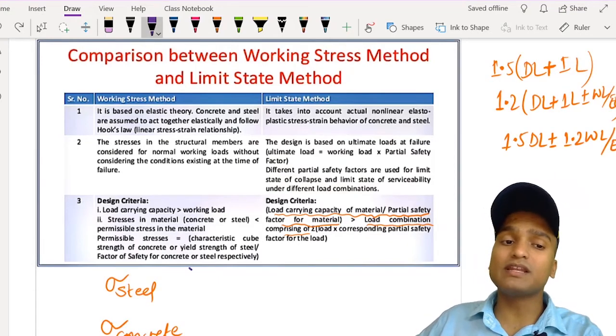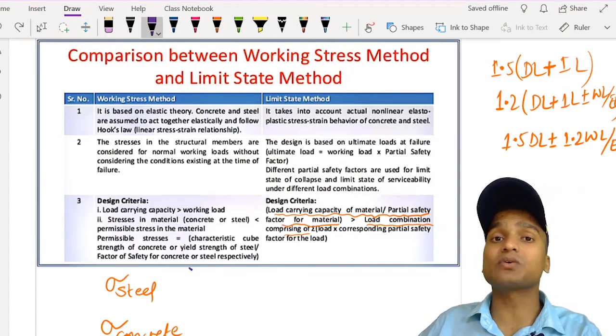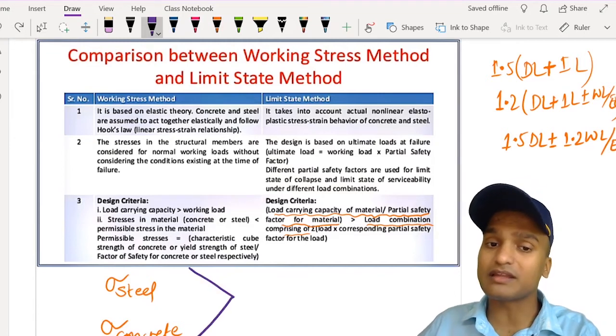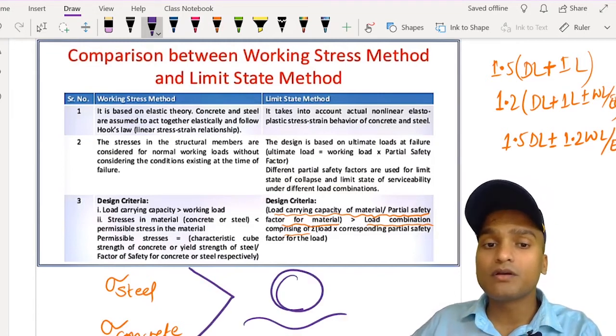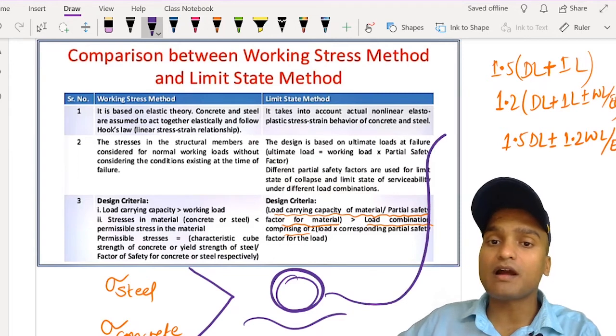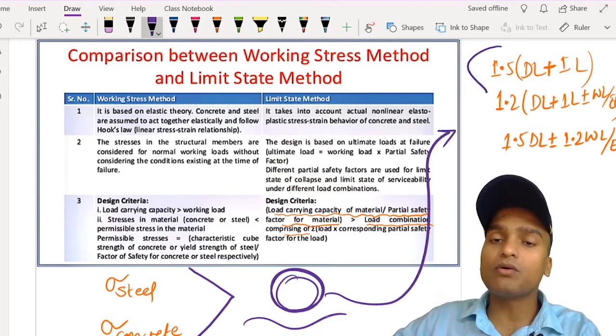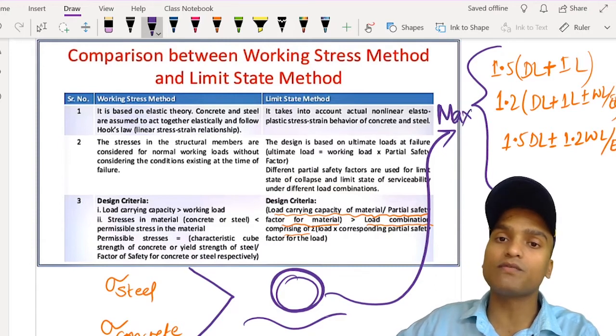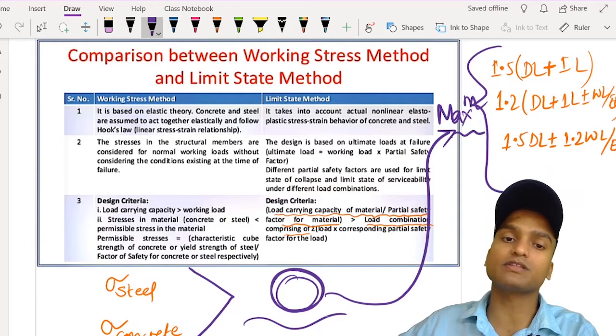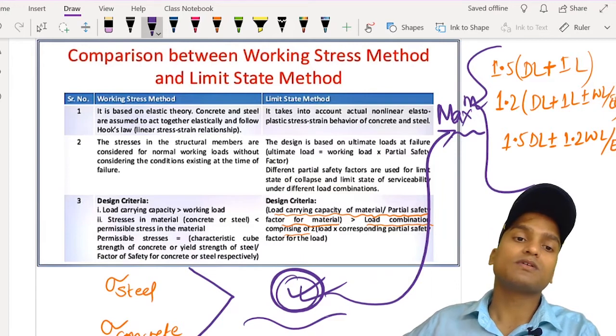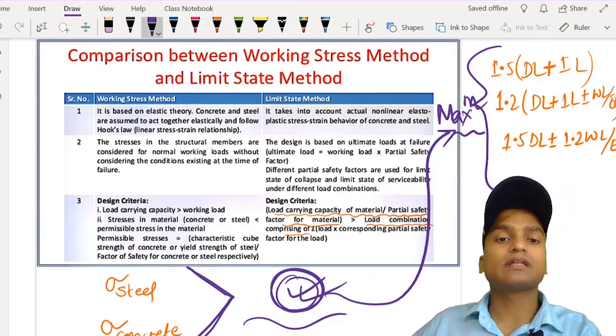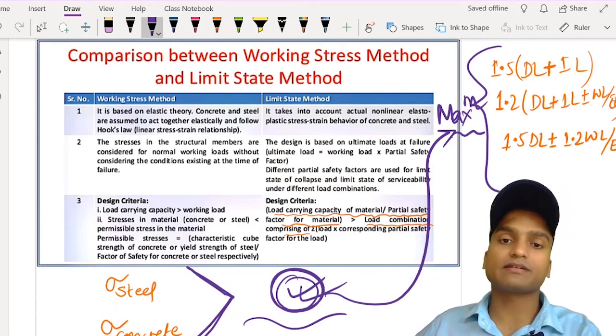Design strength in steel as well as the design strength in concrete must be greater than the value which you get after calculating all these load combinations and choosing the maximum value of all the combinations possible. This value must be less than the design load carrying capacity divided by the partial safety factor.